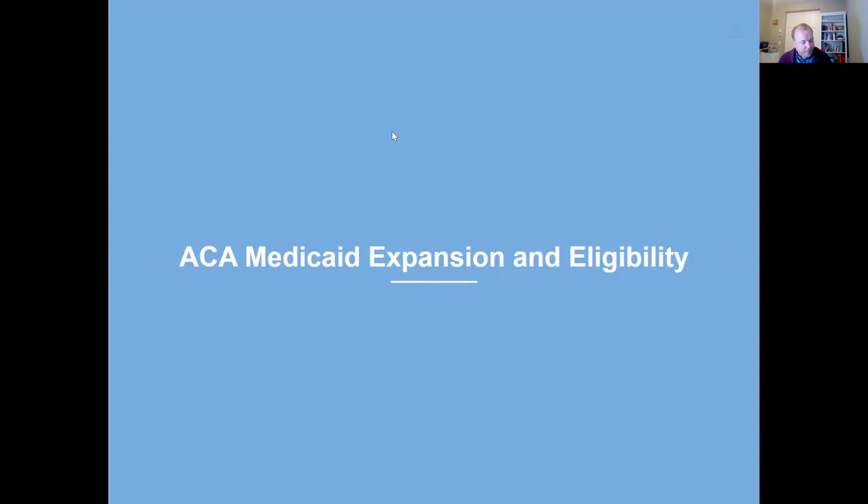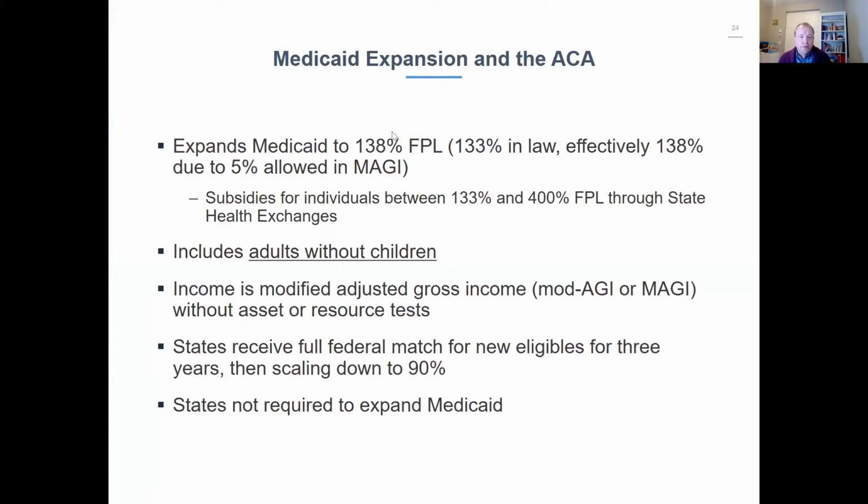And lastly, to get to the topic of the Affordable Care Act, Medicaid expansion and eligibility. So the Medicaid expansion under the Affordable Care Act, I'm sure people see 138% sometimes, and sometimes you see 133%. It's 133% in the law, but the modified adjusted gross income adjustment allows a 5% difference.